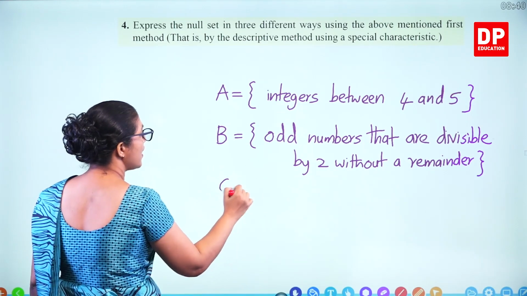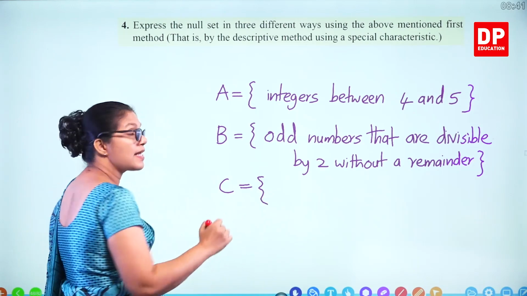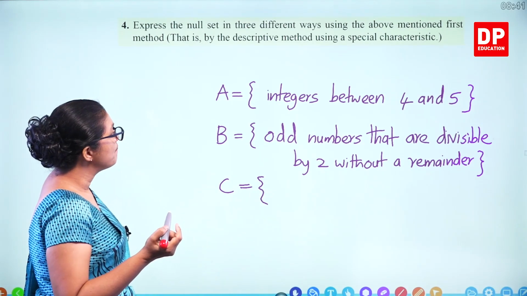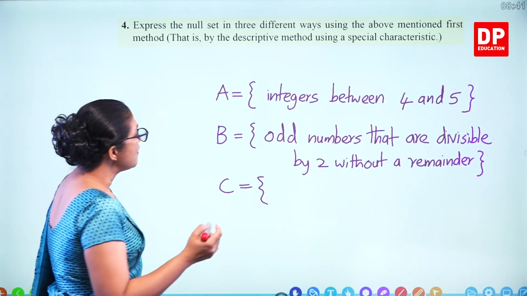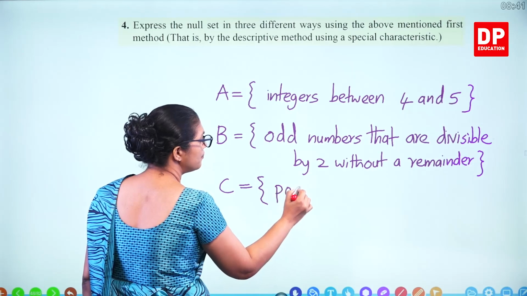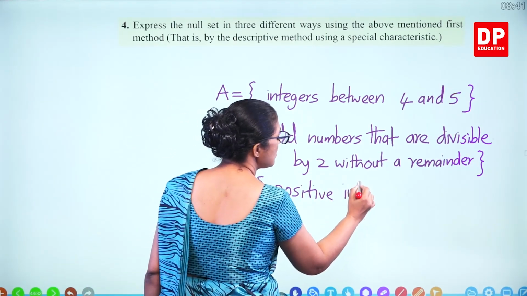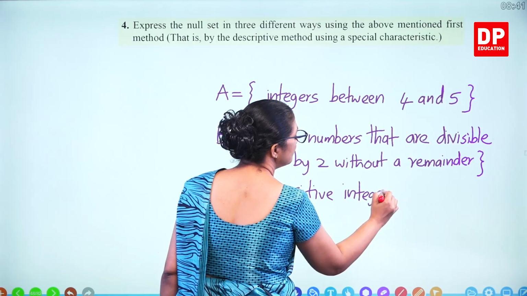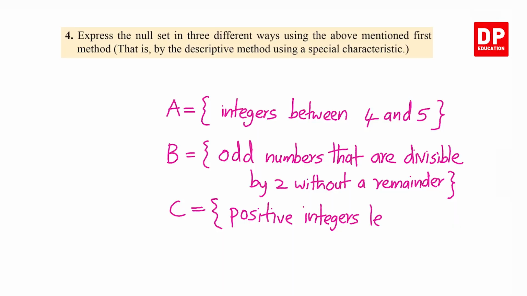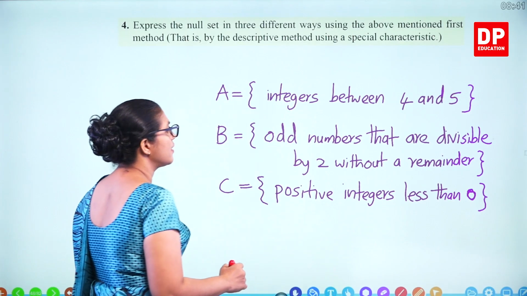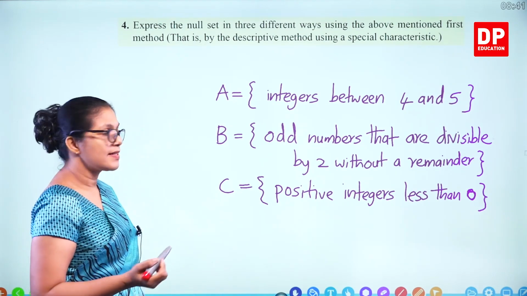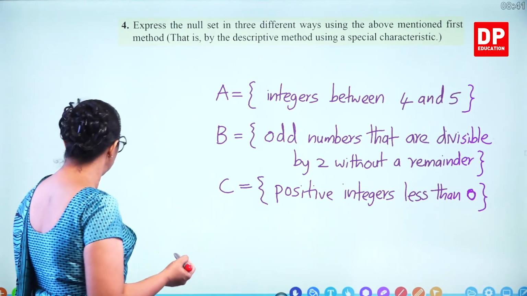Or you can write another one, empty set. Positive integers less than 0, because all are negative numbers less than 0. You can't get any element. So that's a null set.